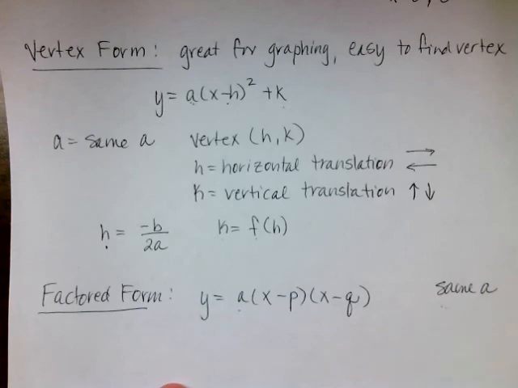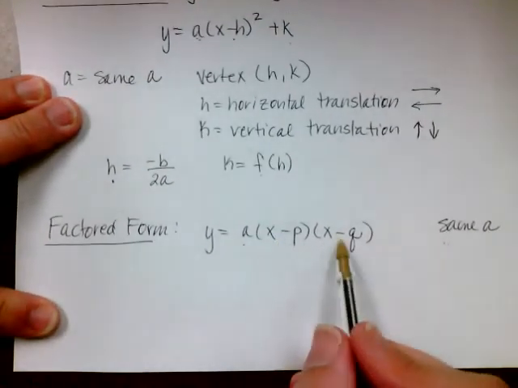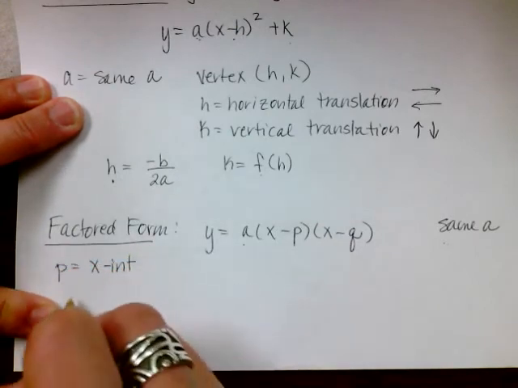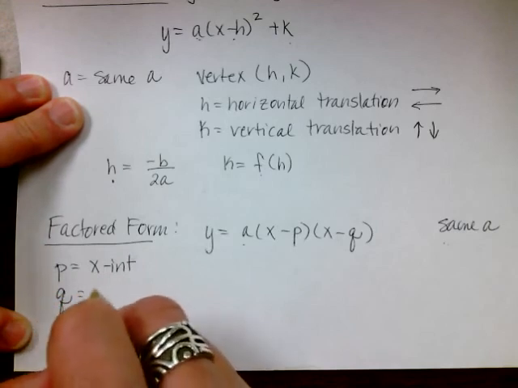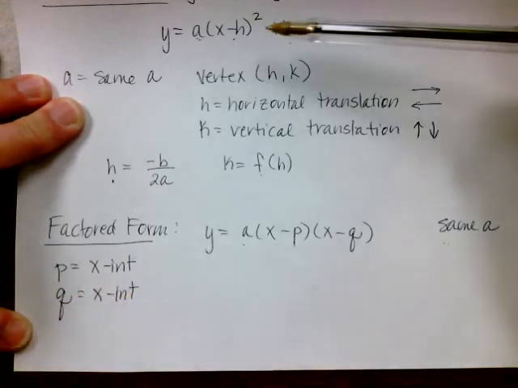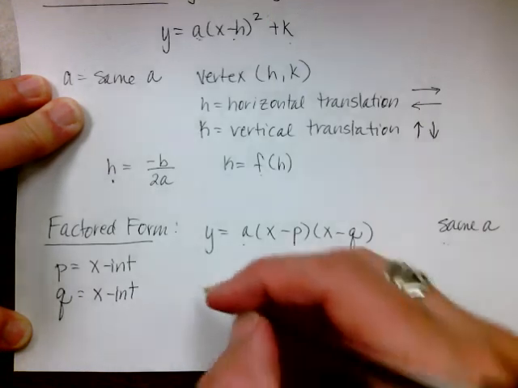It still has the same effect on the graph. The only difference now in this format is that p is an x-intercept and q is also an x-intercept, because if it is a second degree polynomial, it's going to have two x-intercepts most of the time.